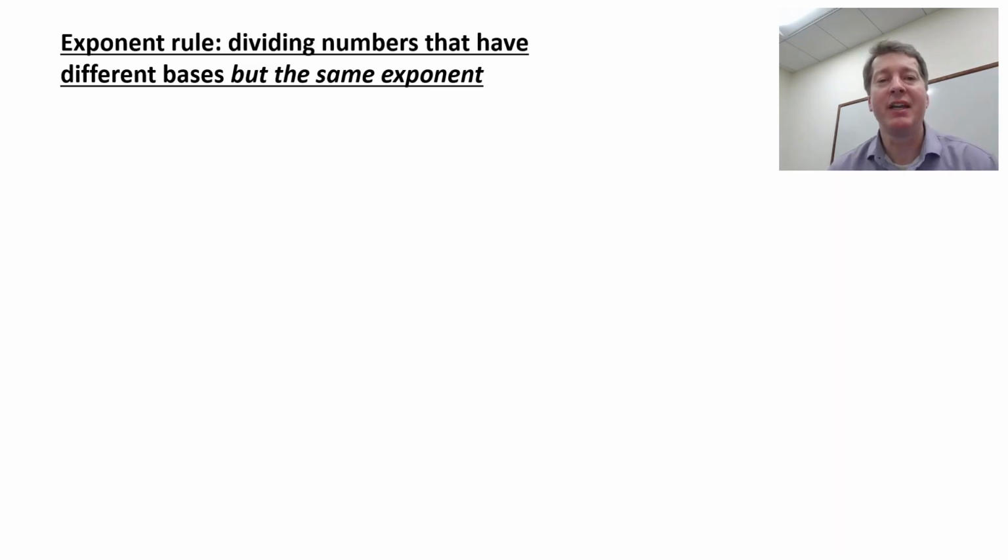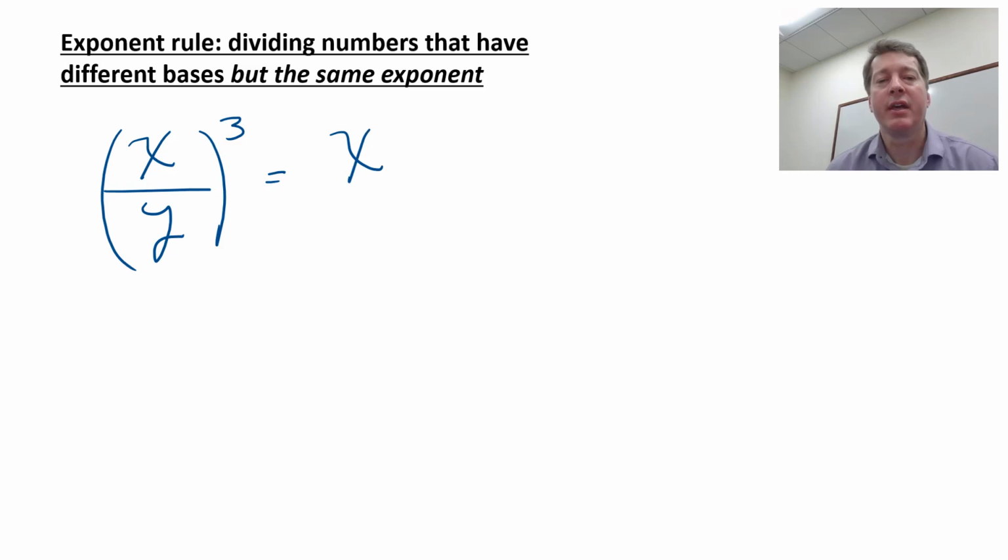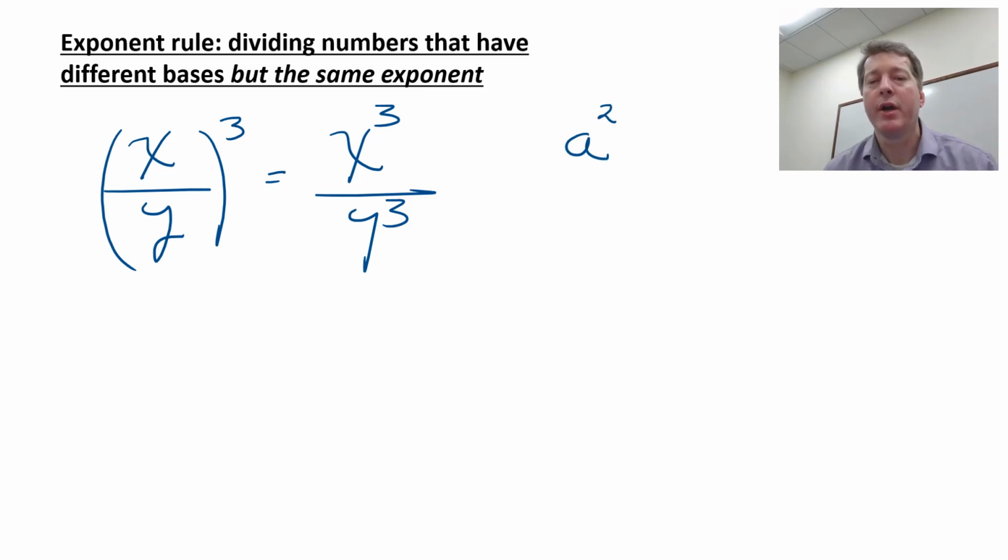Let's talk about dividing numbers that have different bases but the same exponent. So what do I mean? Suppose you had x over y cubed. That is the same thing as x cubed over y cubed. You cube the top and you cube the bottom. Suppose I had a squared over b to the 4th cubed.